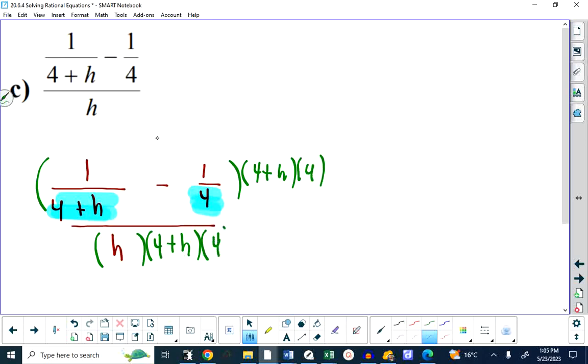And I'm already in teaching mode for this next lesson. What I've said is I'm multiplying by whatever's needed to get rid of the denominators. But I want you to notice that what I'm really doing is multiplying by the lowest common denominator of all of those denominators, aren't I? The lowest common denominator of 4 and 4 plus h is 4 times 4 plus h. I misspoke, but it's the same principle.